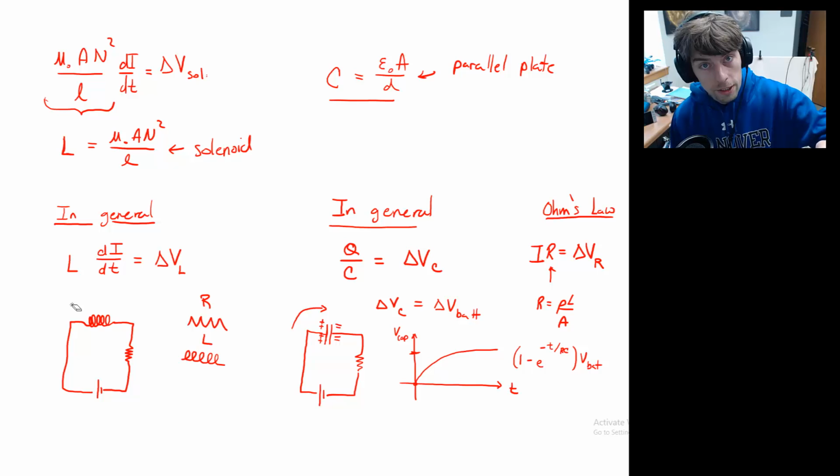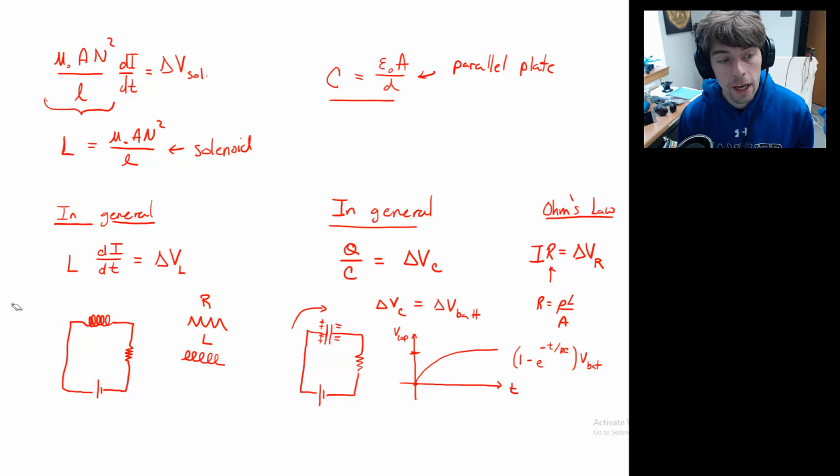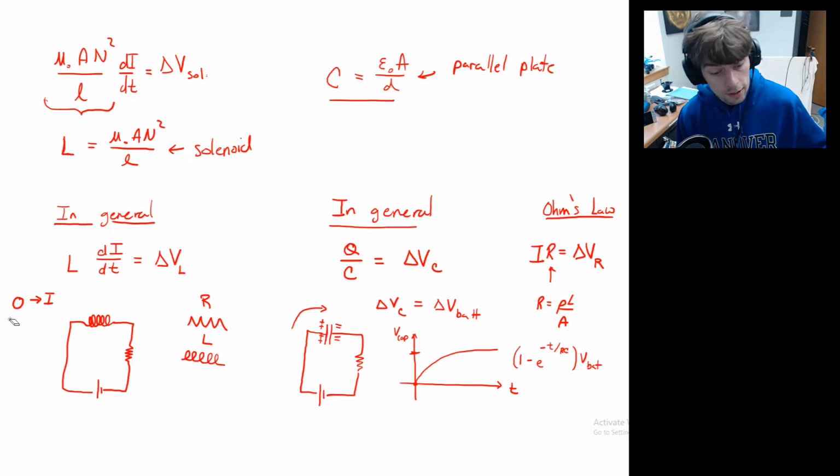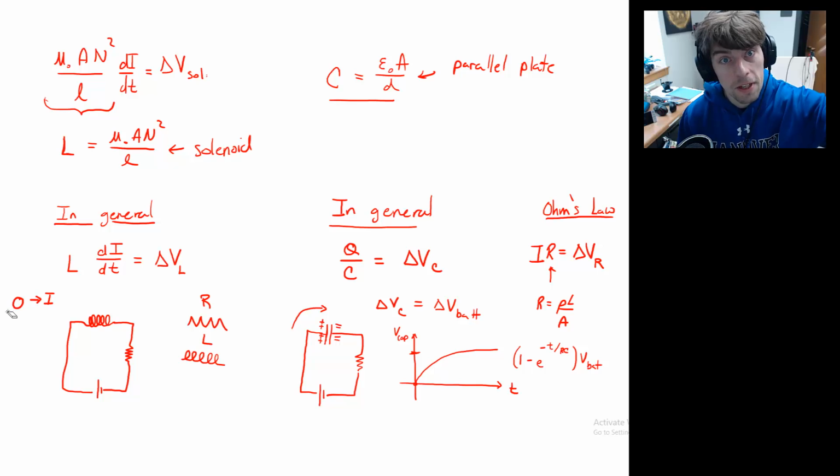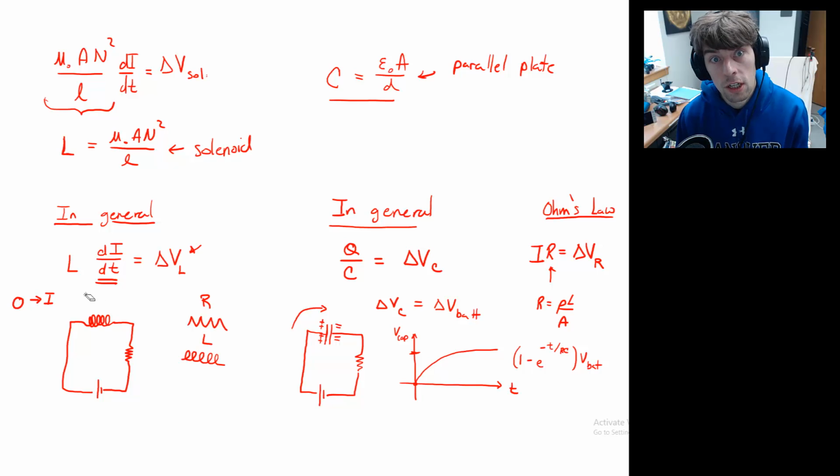I close the switch, and so I go from having no current, zero current, to having a large current, say I. So a very slow or fast change? Fast. I throw the switch, boom, the current jumps up to I. Now, because I have a large change, what can you tell me about the potential drop across the inductor if I have a very rapid change in the current?